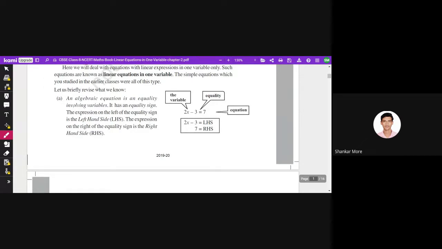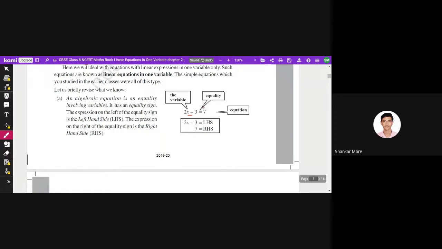Now the first point: an algebraic equation is an equality involving variables. It has an equality sign. The expression on the left of the equality sign is the left hand side, and the expression on the right of the equality sign is the right hand side. Now if you see, this is the variable, this is the equality sign, right?